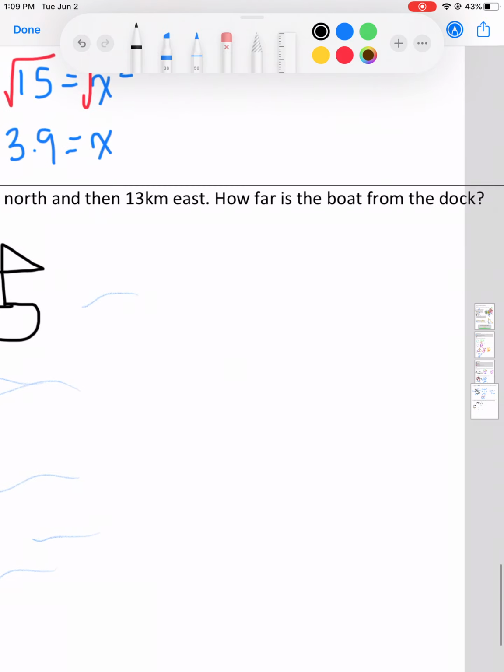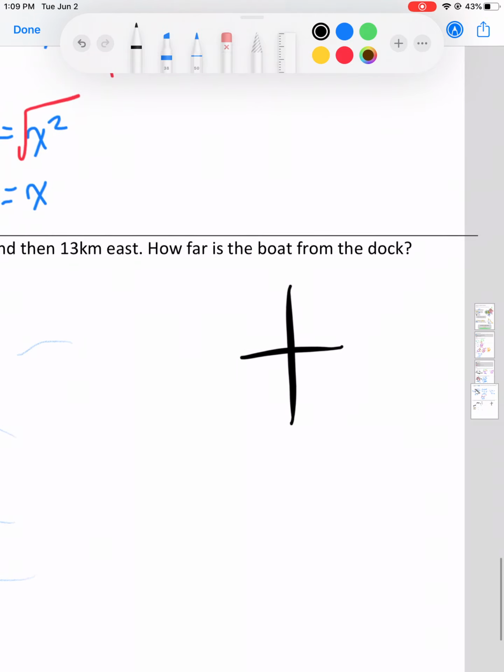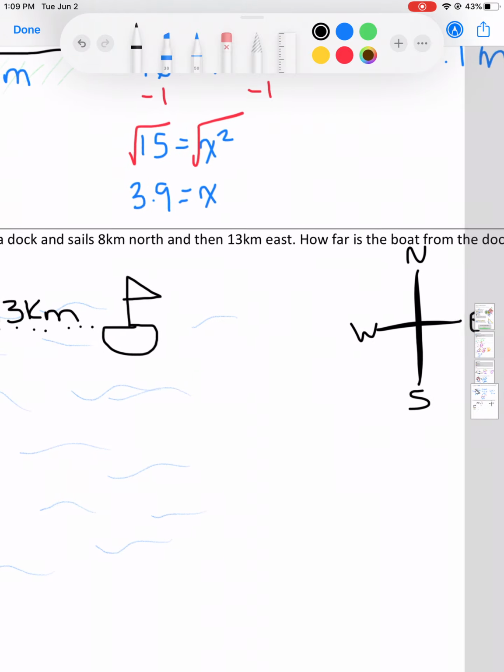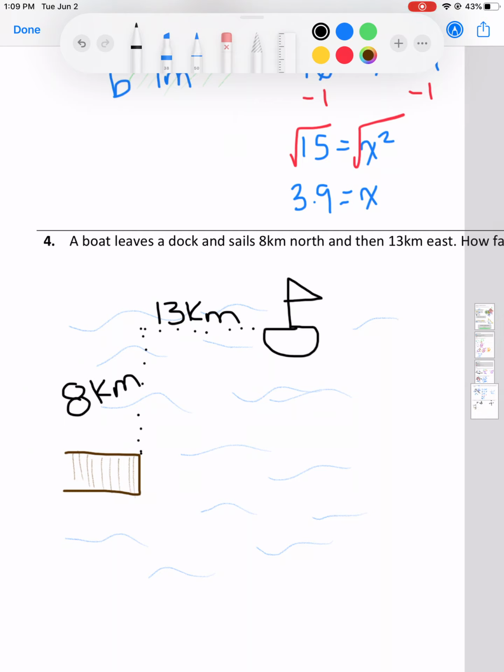Remember, never eat shredded wheat. How far is the boat from the dock?